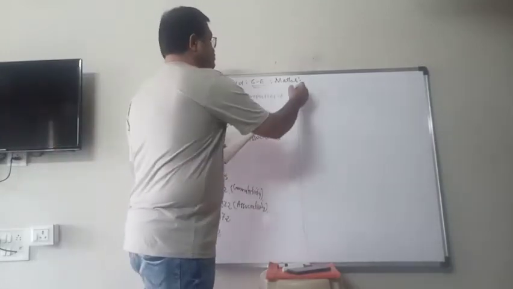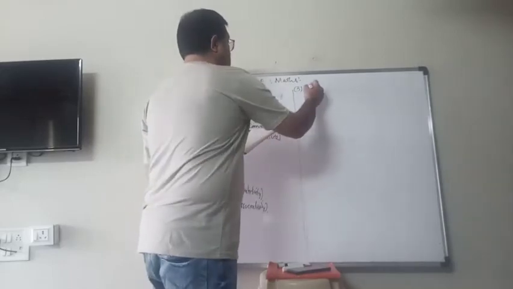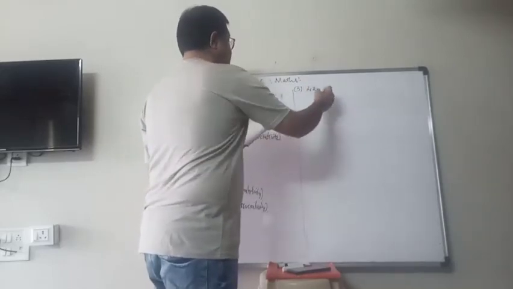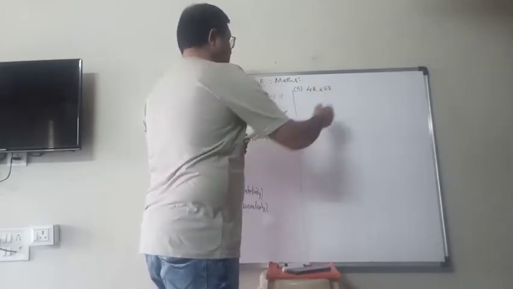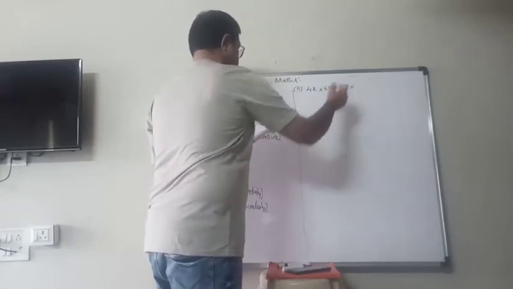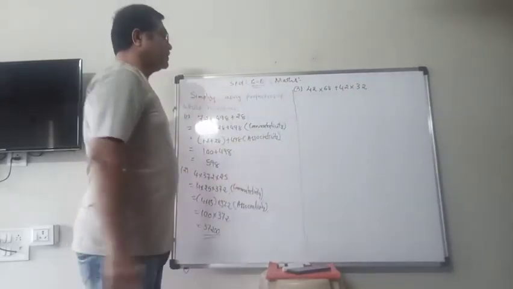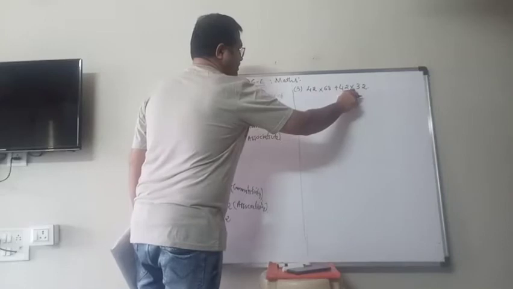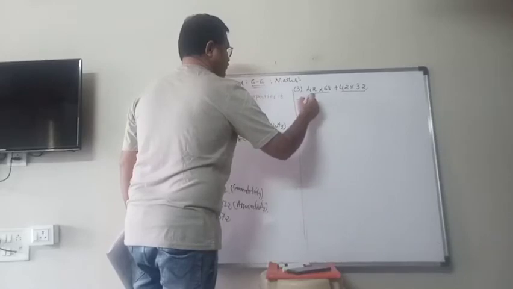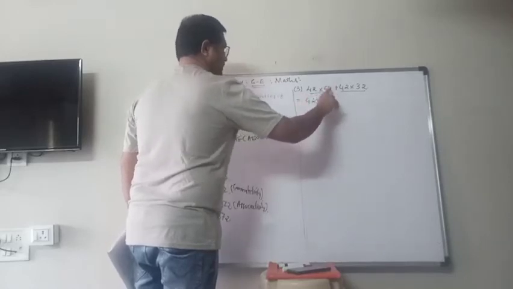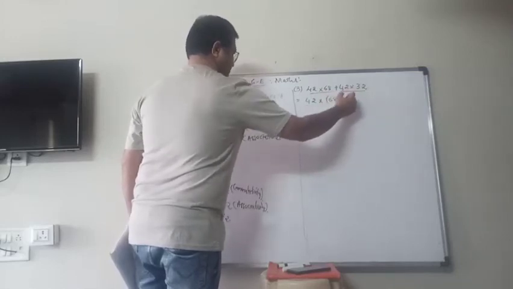Next, 42 multiplied by 68 plus 42 multiplied by 32. Here you can see that multiplication and plus sign, and so here there are two terms. What is common in both of them? 42 multiplied by whatever is remaining here, 68, the middle sign, 32.